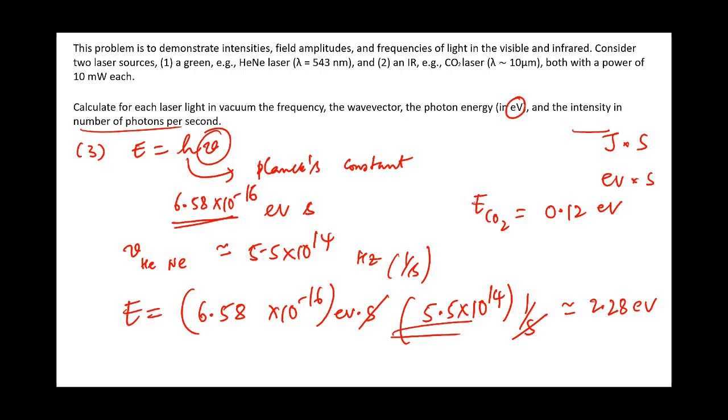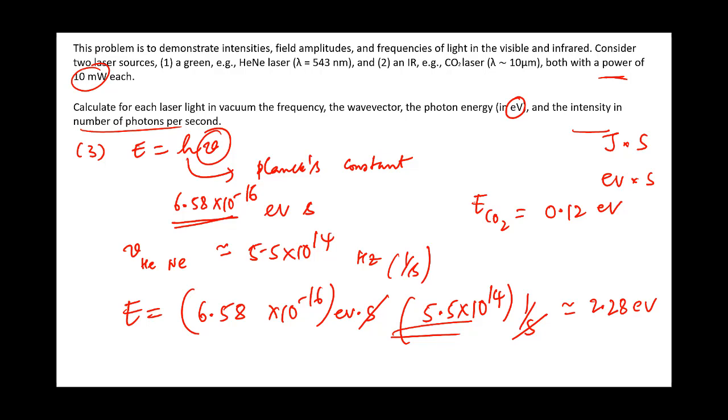We know that the power is given to be 10 milliwatts. We are given the power in the problem, and power is nothing but the amount of energy going through each second. So a watt is joule per second.